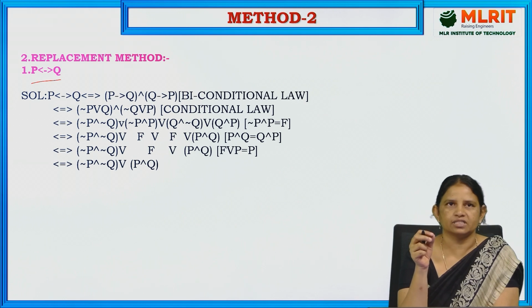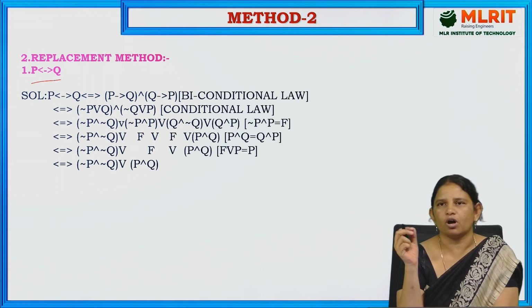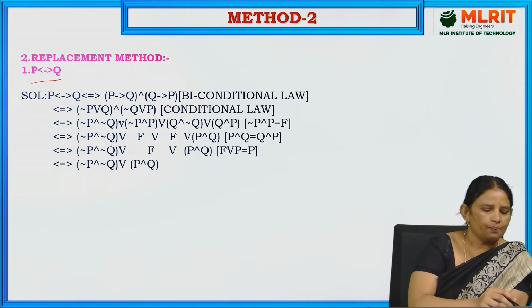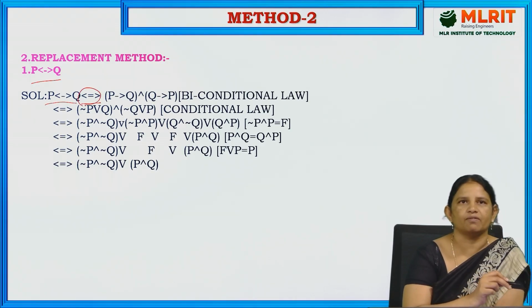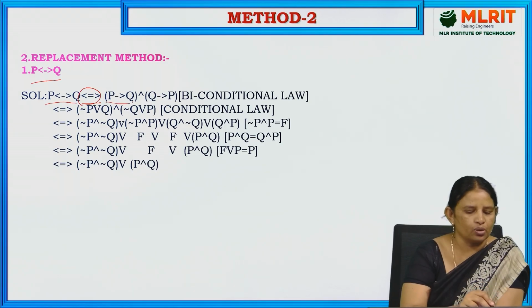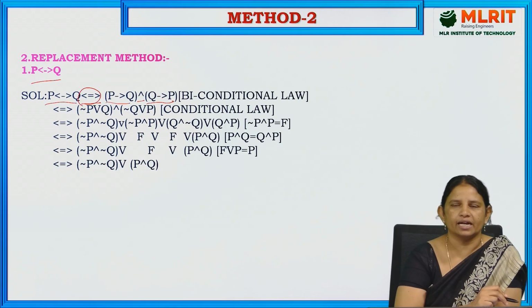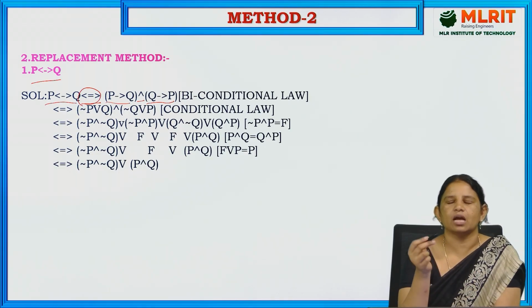The given statement is P biconditional Q. We know the formula: P biconditional Q is equivalent to (P conditional Q) and (Q conditional P). This is the formula for biconditional. After removing the biconditional, the statement still consists of conditional statements.